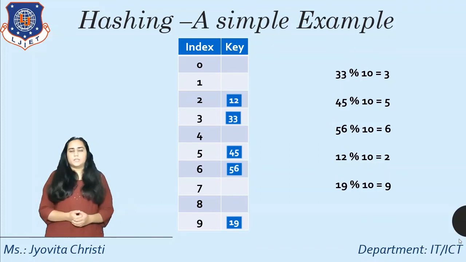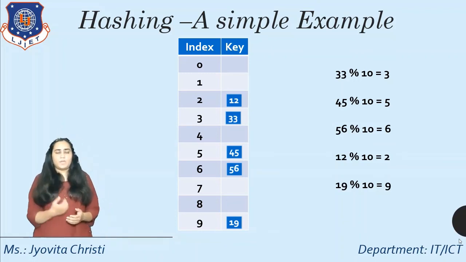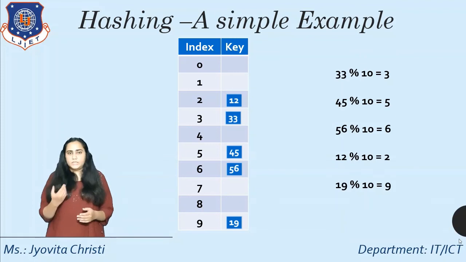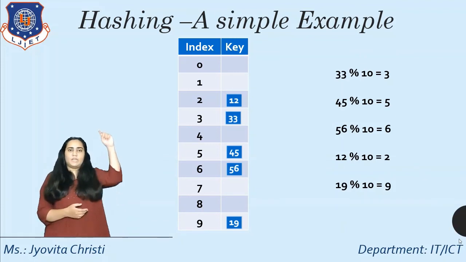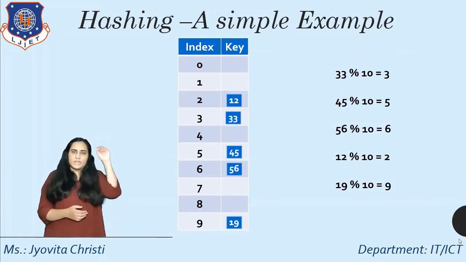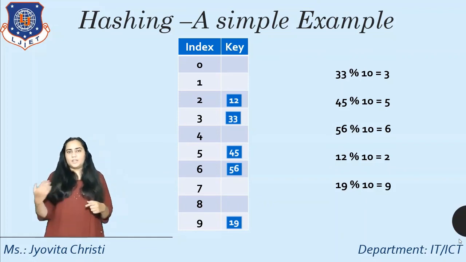And that's it. That's what hashing is in a nutshell. It's very simple and very effective. Now you can imagine that if I am looking for the value 19, I'm not going to start from the beginning of the table and start looking at each and every cell. I'm simply going to apply the hash function.